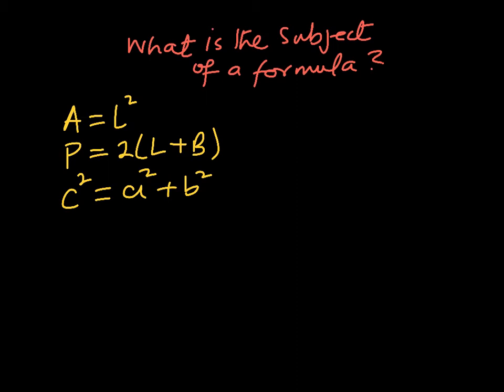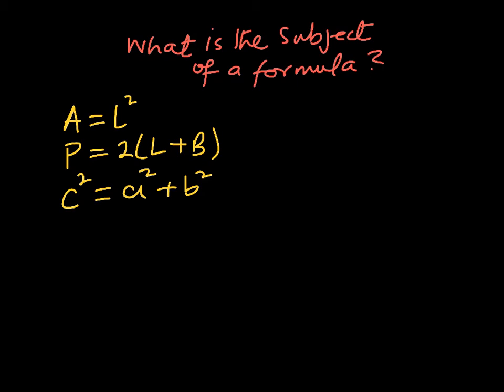The subject of the formula is that variable that lies individually on one side of the equation. It lies all alone by itself on one side of the equation. So if you look at these three examples that we have talked about so far, you notice that on the left hand side there are some variables that lie alone on that side.